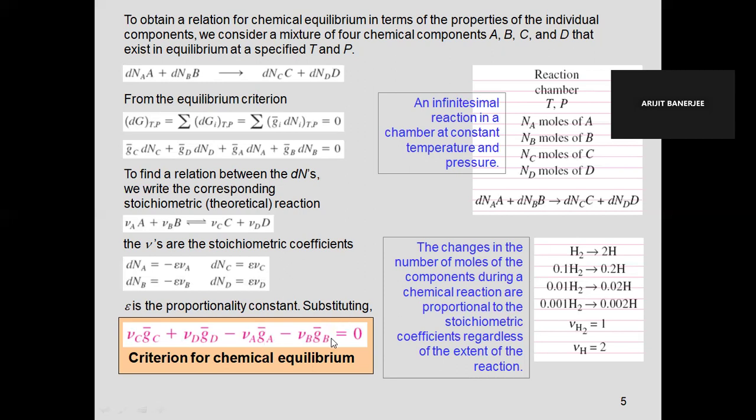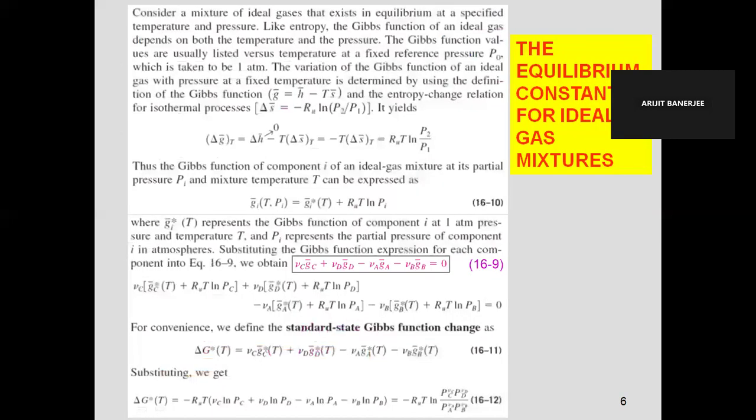Okay, is it clear? Therefore, G_C, G_D, G_A, G_B, these we have to derive. That is our target next. Next we will see how to get that. You see that this is the reaction. Now we will try to see how that reaction comes. Can you see the middle of this page? So this is the reaction that we have there.